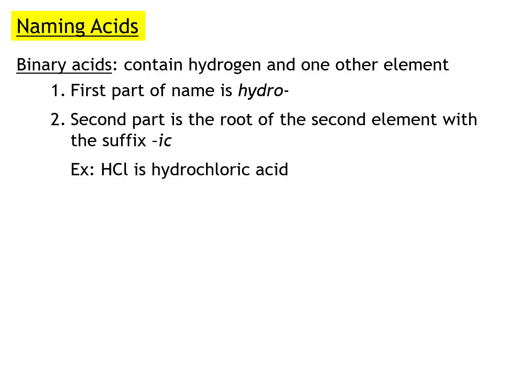The second part of the name is going to be the root of the second element, like say chlorine, and then you're going to chop off the "ine" part, kind of like when we were doing the nomenclature of ionic compounds, and change the suffix to "ic." So for example, HCl is hydrochloric acid.